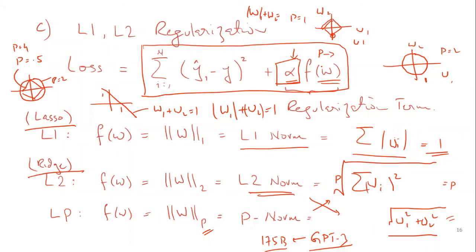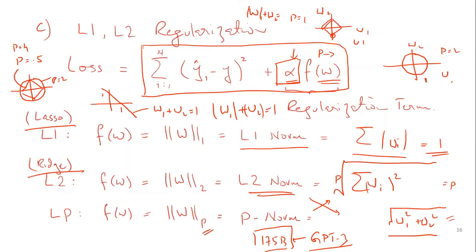Would you pick p to be 2? You would probably pick p to be 0.5, right? You could pick it even smaller. You could probably pick it 0.1 as well. Okay, the smaller that you pick it, the more sparse, you would be reducing these 175 billion parameters, and you're only taking the important ones.